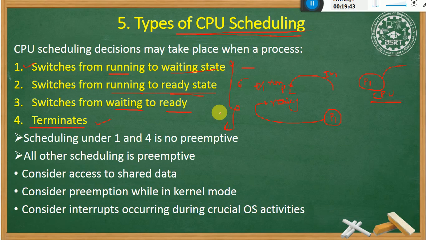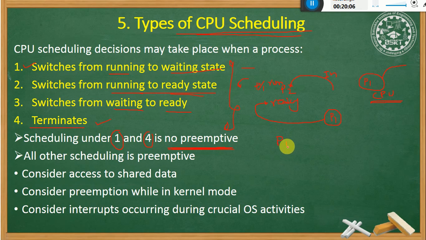Okay, so these are the four conditions where we require CPU scheduling. In that, conditions number 1 and 4, where 1 means running to waiting and 4 means terminating, are known as non-preemptive. Non-preemptive means what?